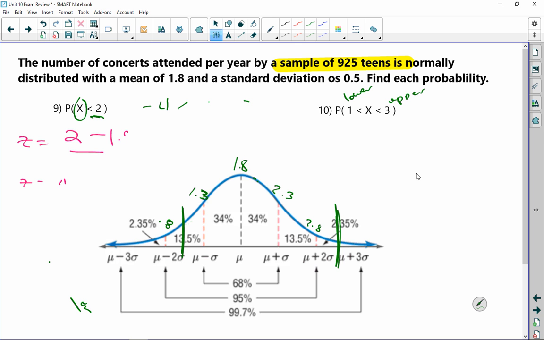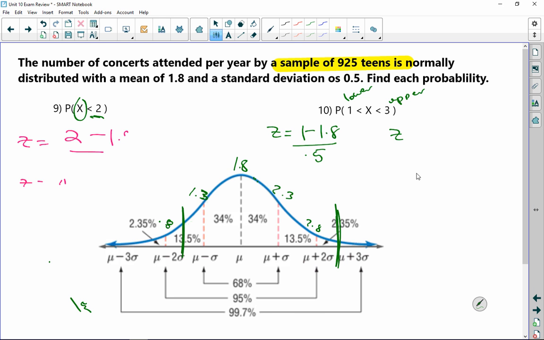Okay, now, can I input those two numbers into the calculator? Or do I have to figure first the z value, right? So z equals 1 minus 1.8 divided by 0.5.